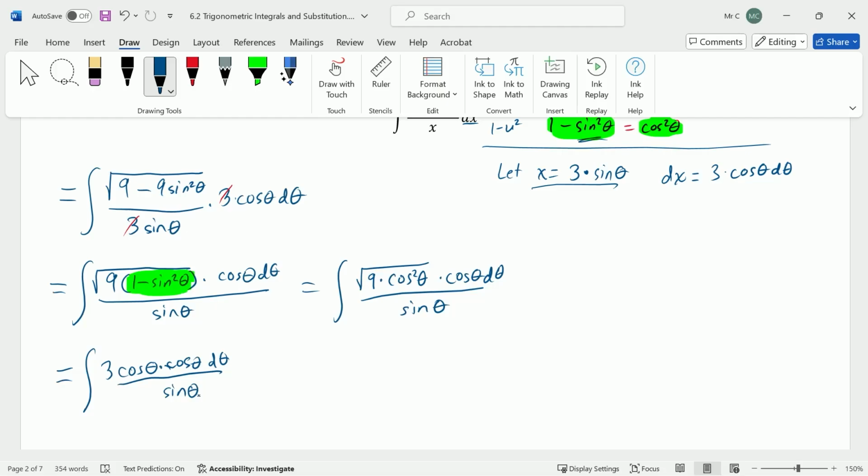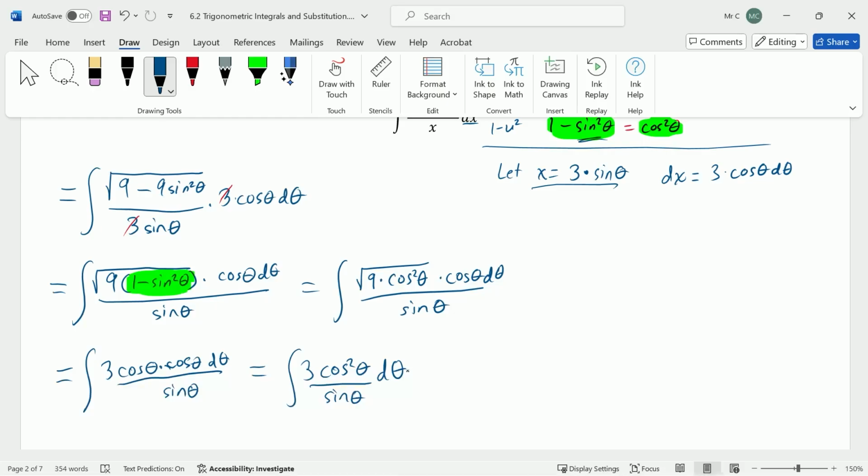Okay, so now we have to figure out how to deal with this integral, 3 times cosine of theta times cosine of theta over sine of theta. And that's a little tricky. What we're going to do first is rewrite the cosine of theta times cosine of theta as cosine squared of theta. Now, oftentimes with these trigonometric integrals, there might be a few different ways we could apply this.